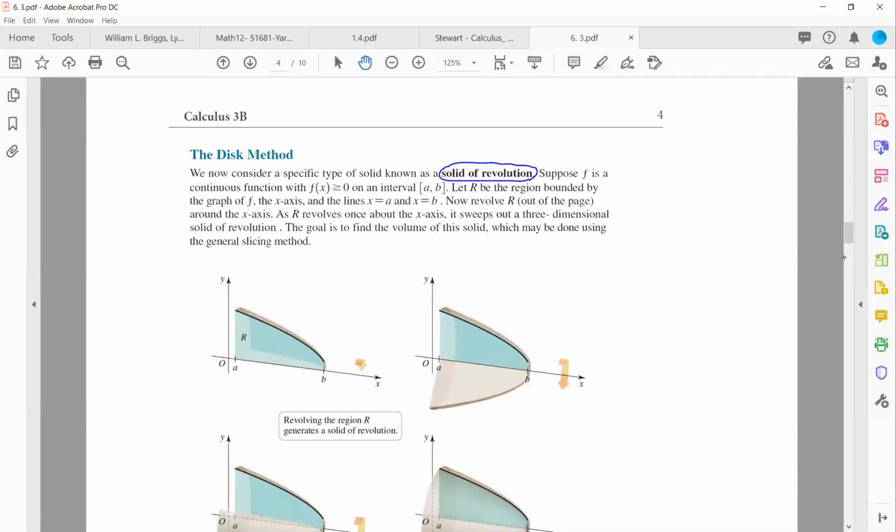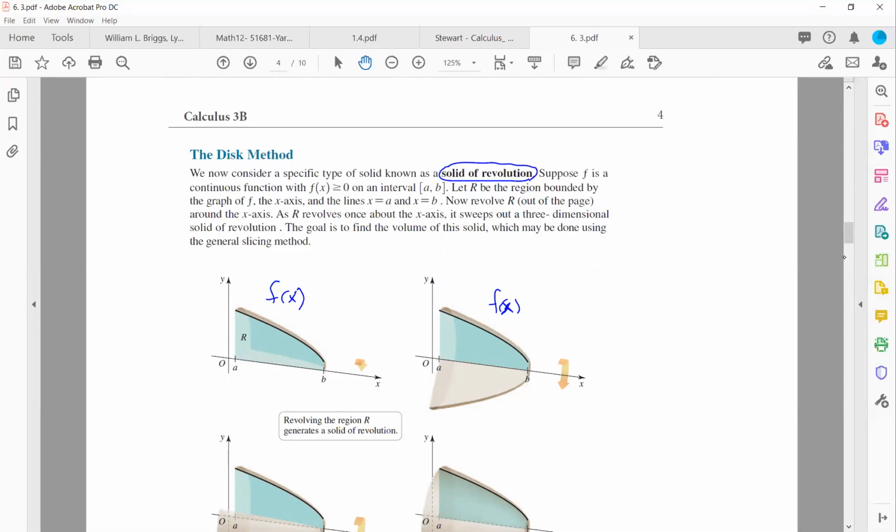We have our function above the x-axis, and you're looking at the area bounded between your function, x equals a, x equals b, and the x-axis. So of course we get a region here.